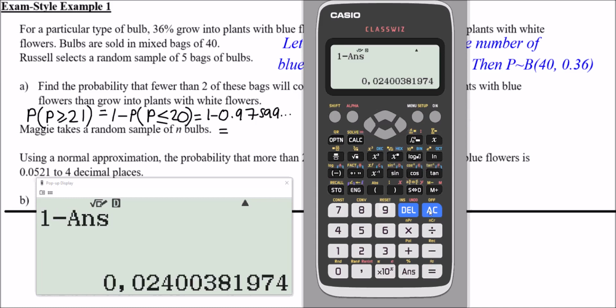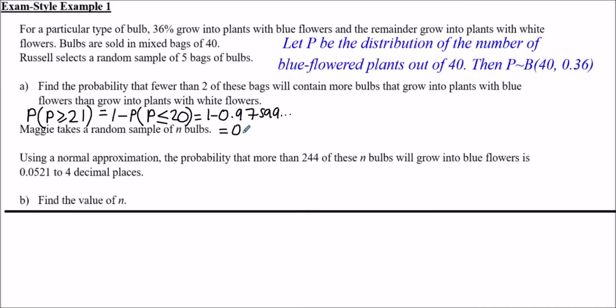I'm going to leave this with more significant figures than I normally would: 0.0240038. So about a 2.5% chance that one bag has bulbs where more than half turn blue.